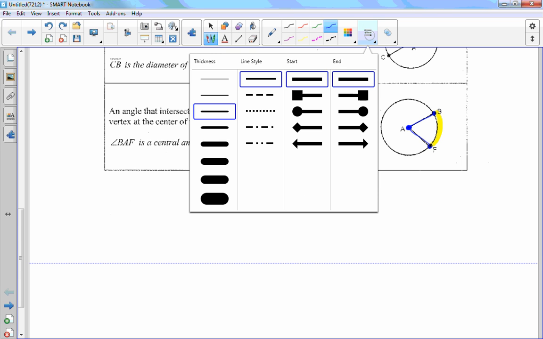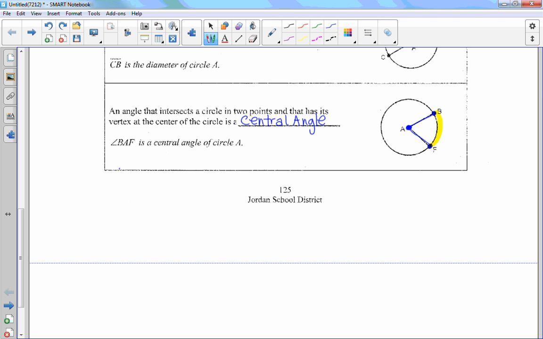This yellow arc, the minor arc, has a relationship to the measurement of angle A. Write this down at the bottom of your page.